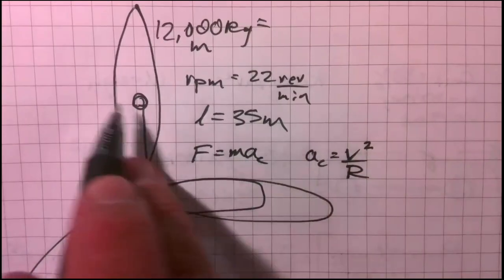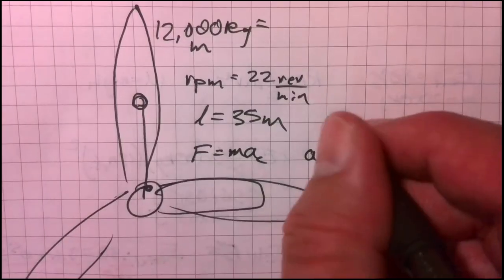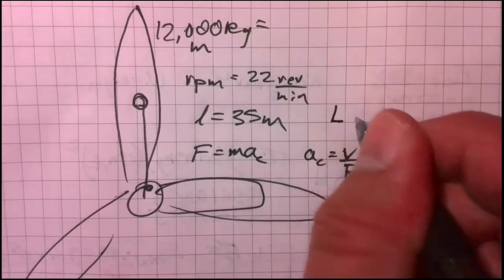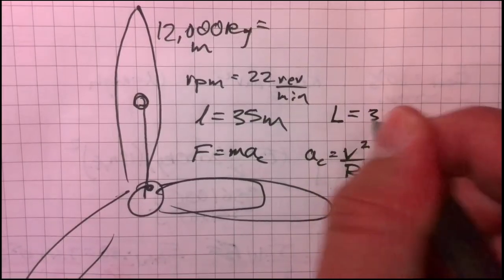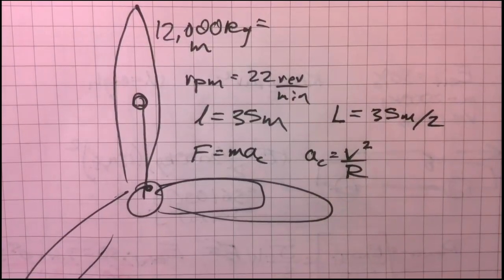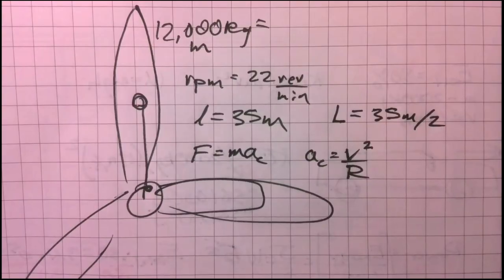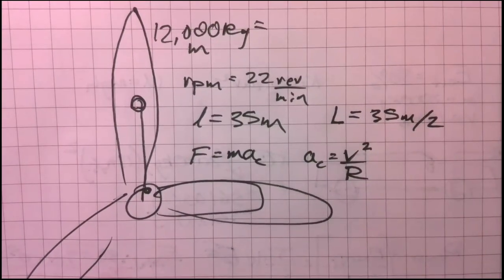Since all of our mass is located here at the center, we're going to say r is going to equal 35 meters divided by 2, because that's at the middle of the blade.